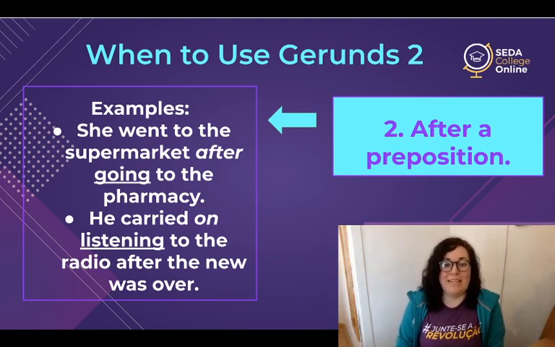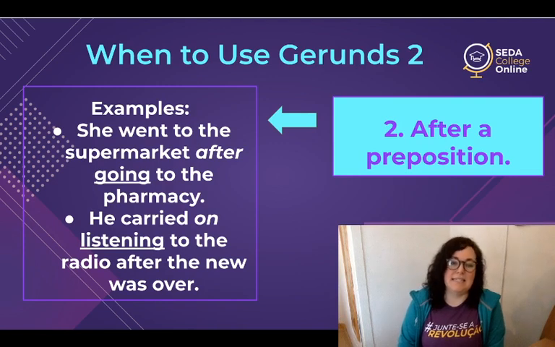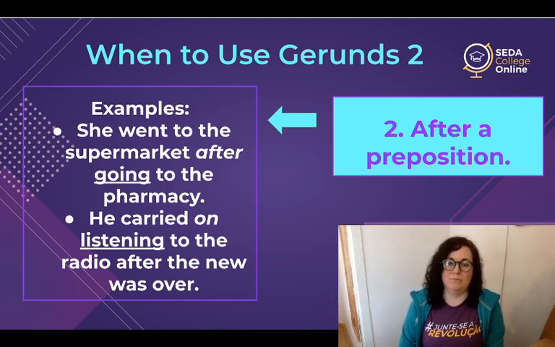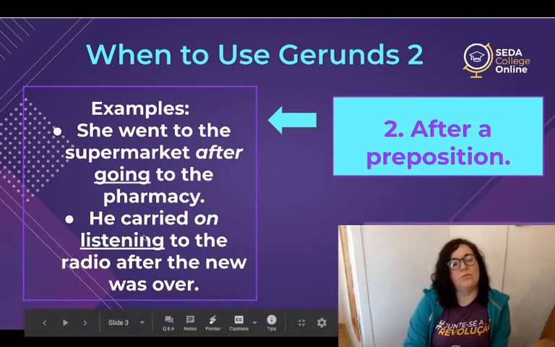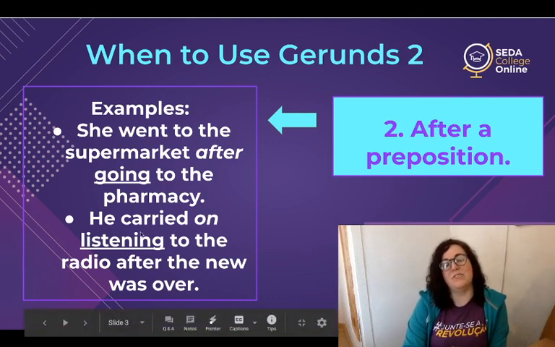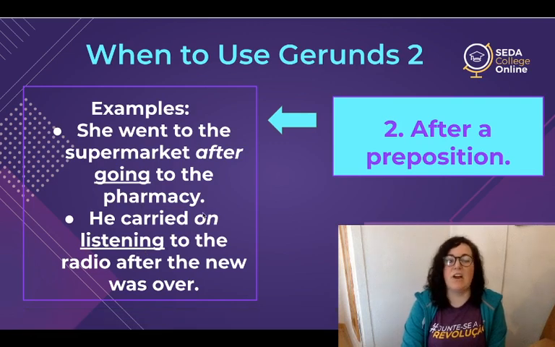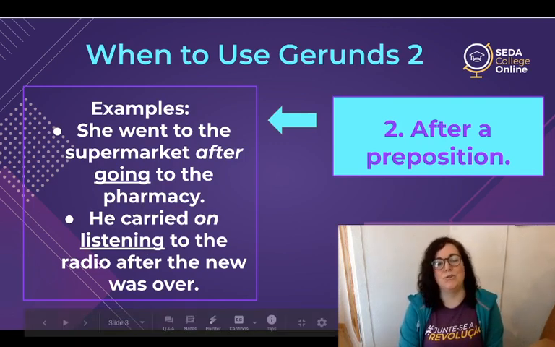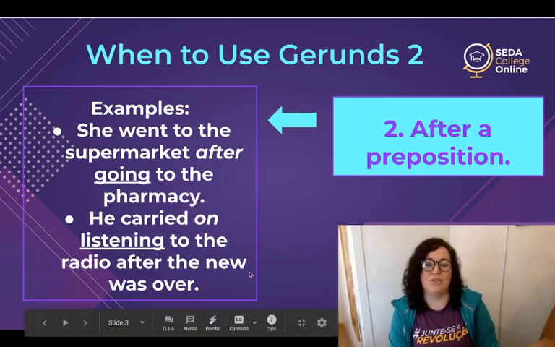Next example. He carried on listening to the radio after the news was over. Okay, so we have this phrasal verb carry on, and after the preposition, we need to have a gerund. We can't say carried on listen. We have to say carried on listening. Carried on listening to the radio after the news.